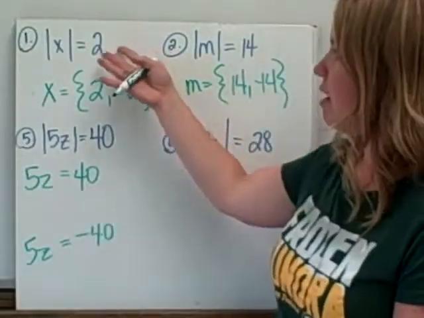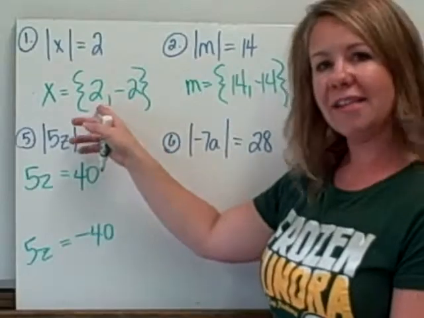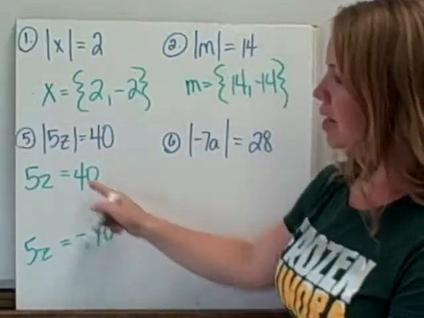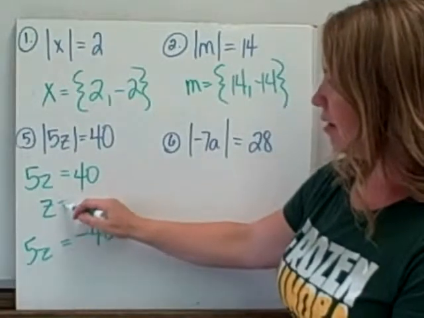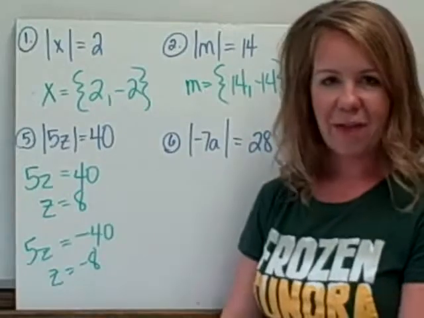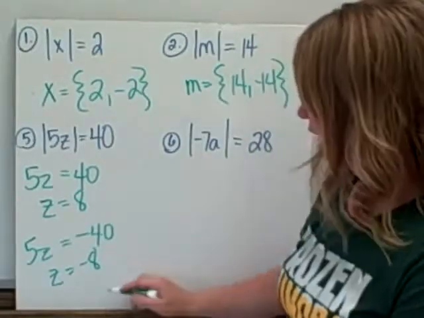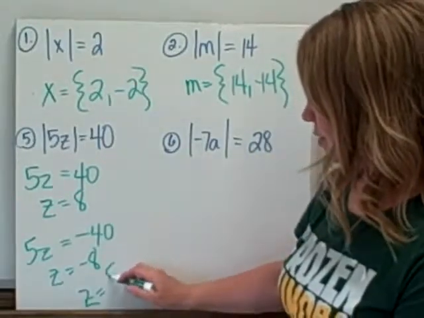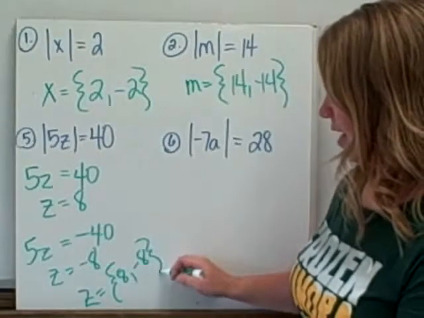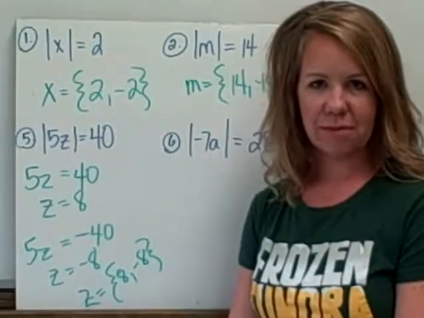Because as we did up here, it can be the positive or the negative distance from 0. So then as we solve this, z here equals 8, z here equals -8, and our final answer then would be z equals, you do those curly brackets, 8 and -8, two different answers.